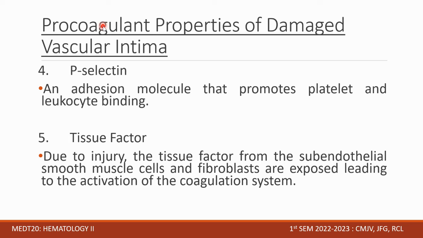This tissue factor, also known as factor 3, is needed to activate the extrinsic pathway, which is part of our coagulation system. Once tissue factor is exposed, our coagulation process will start. So it promotes clotting.